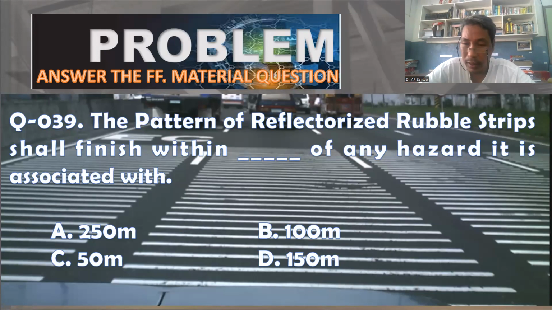This is supposed to be rumble. The pattern of rumble strip, not rubble strip, shall finish within blank of any hazard it is associated with. What can you say about the pattern? It is within A, 250 meters, B, 100 meters, C, 50 meters, D, 150 meters.